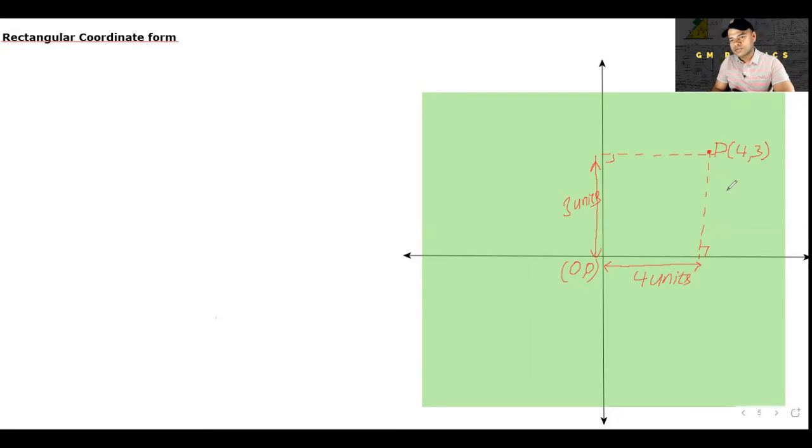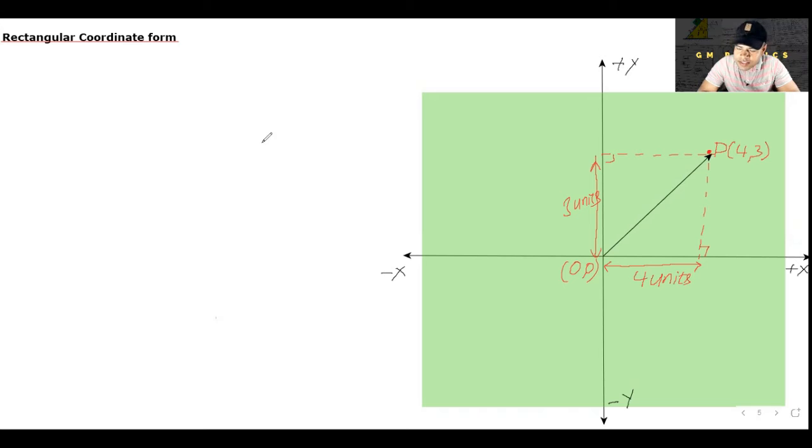Since it is plus 4, plus 3, we know it will be in the first quadrant. Now suppose I place an arrow starting from the origin and ending at point P, meaning the head of the arrow is at point P, whose coordinates are 4 and 3.